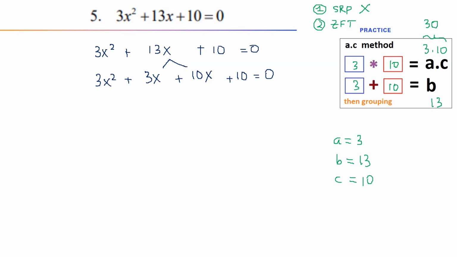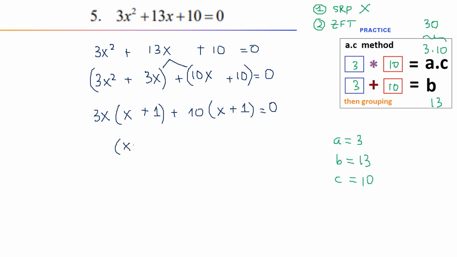Now I group the first two, group the last two, in common 3x, right? Left with x plus 1. The second one in common 10, left with x plus 1. That equals 0.